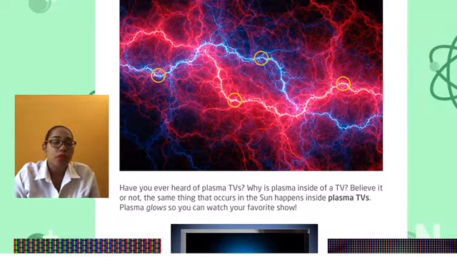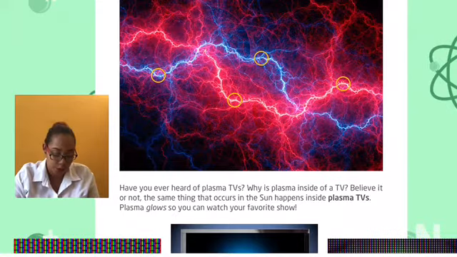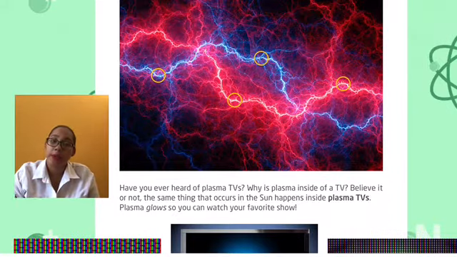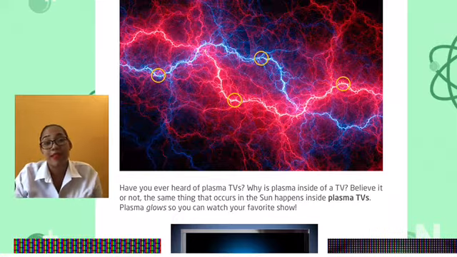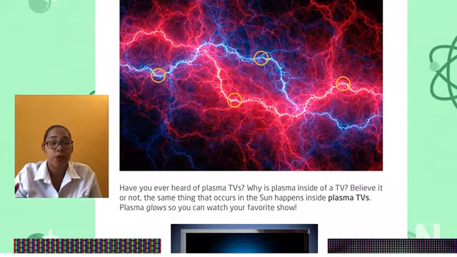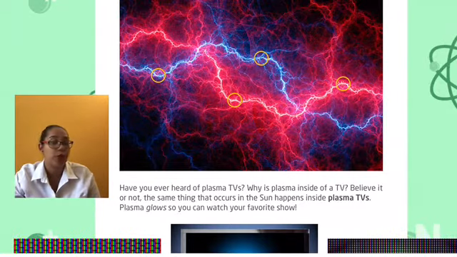So, in my words, according to what I read, I understand that plasma is like this substance that allows the TV to illuminate several images by the power when you connect it.